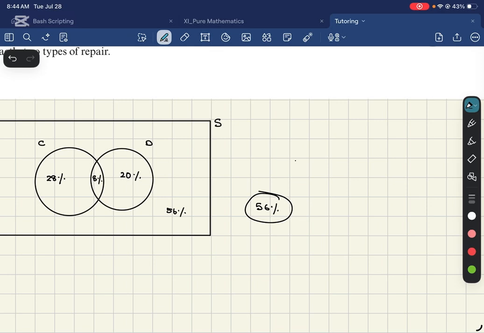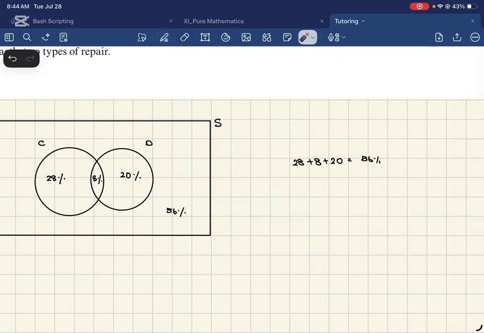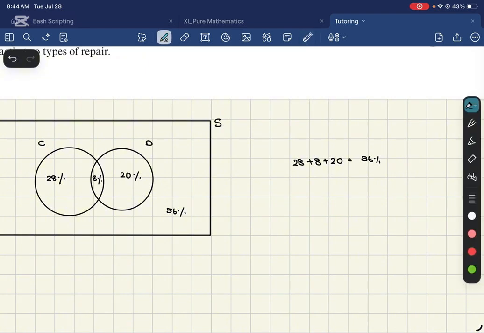How do you get 56%? Well, 28 plus 8 plus 20 gives me 56. So if I add these three percentages together, I get 56.